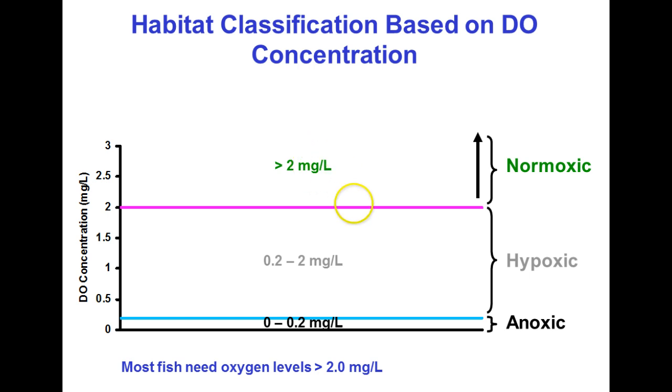Write that down. Next is hypoxic. You see the word hypoxic right here. Hypoxic habitats have a range of DO, dissolved oxygen, of 0.2 to 2 milligrams per liter of dissolved oxygen. So write that down.